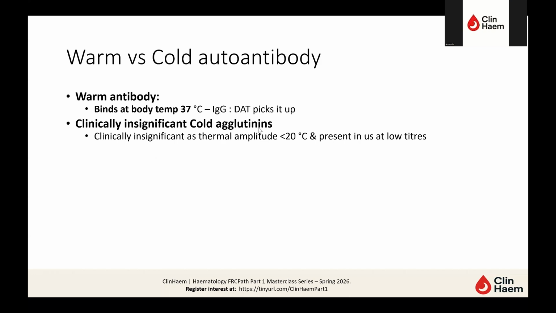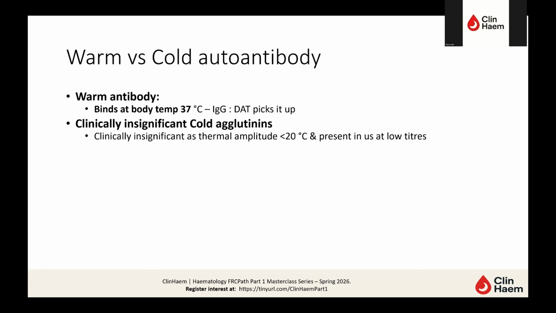What it means is that normally, say 96% or so of us would have these cold agglutinins present in our blood, but they are not clinically significant because they do not work near body temperatures. The temperature that they need to bind to red cells is way less than 20 degrees Celsius.